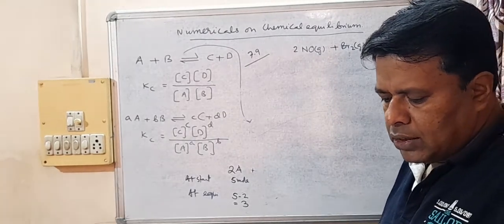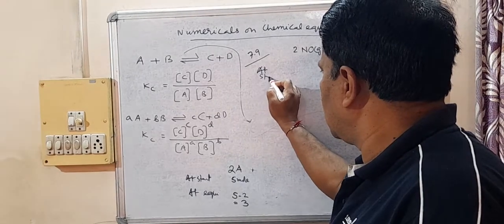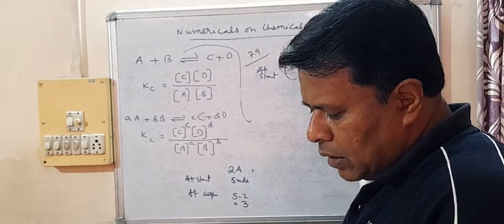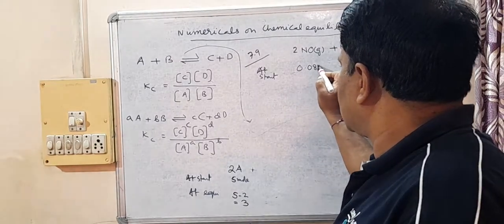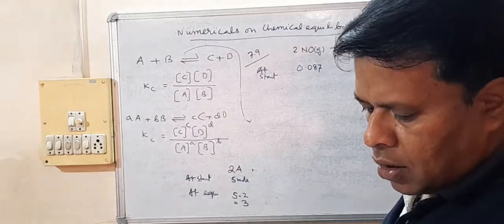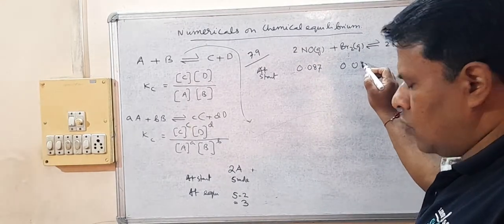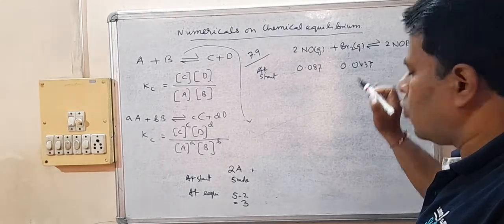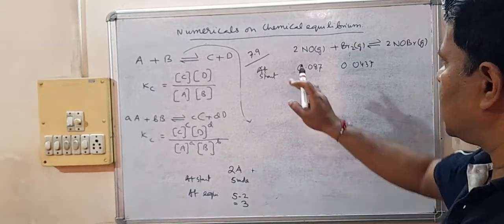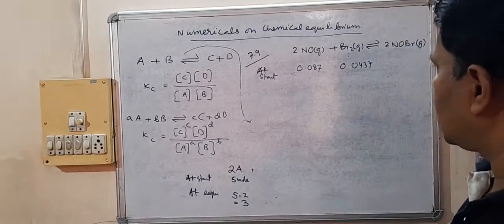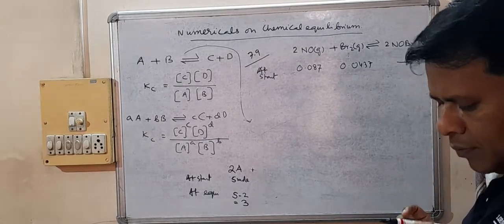According to the question, at the start or at the beginning they are starting with 0.087 moles of NO and 0.0437 moles of Br2. This is what they are taking at the start. So at the start, product will not be there, so let us put it dash.